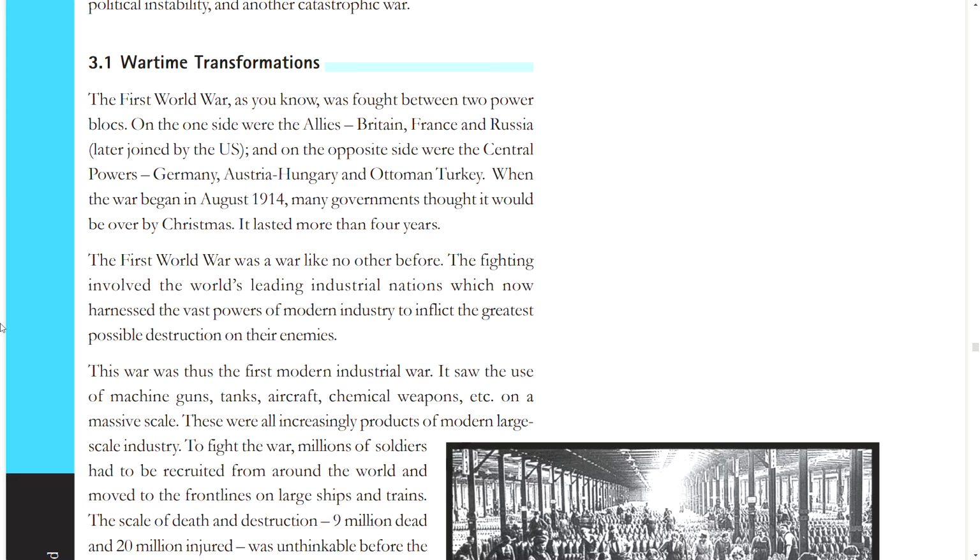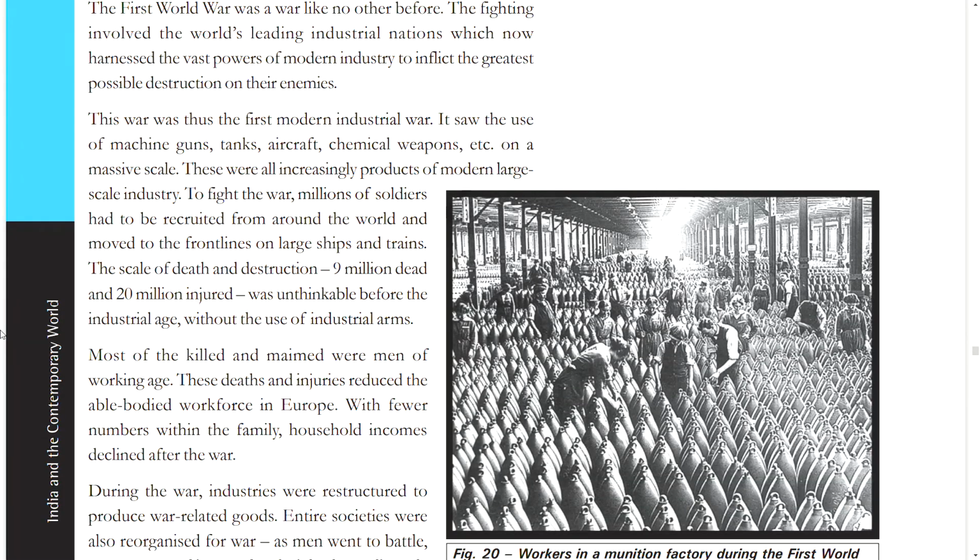The First World War was a war like no other before. The fighting involved the world's leading industrial nations, which now harnessed the vast powers of modern industry to inflict the greatest possible destruction on their enemies. This war was thus the first modern industrial war.